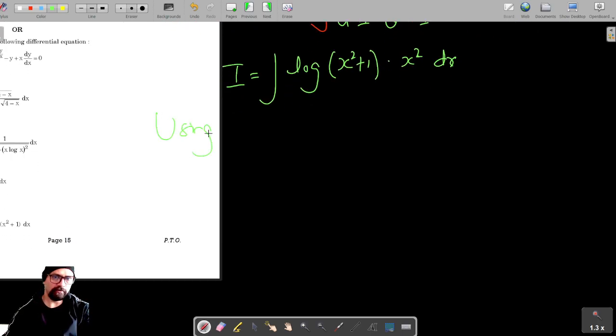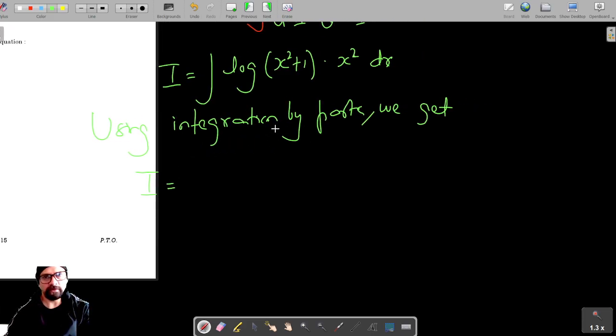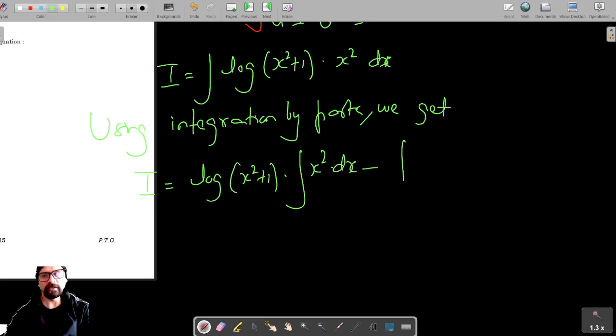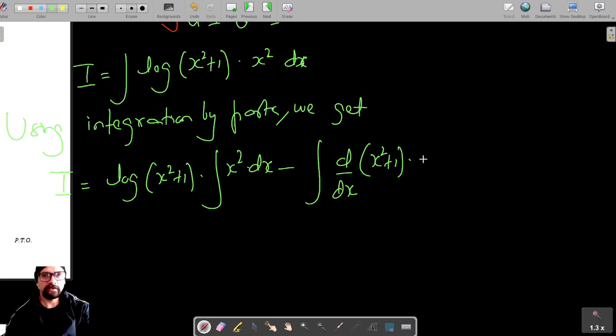And now we are going to use integration by parts. We get I equal to, integration by parts says, the first function into integration of the second function, minus the integration of the differentiation of the first function into the integration of the second function.